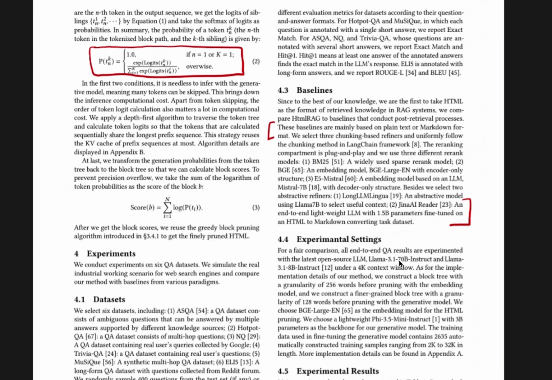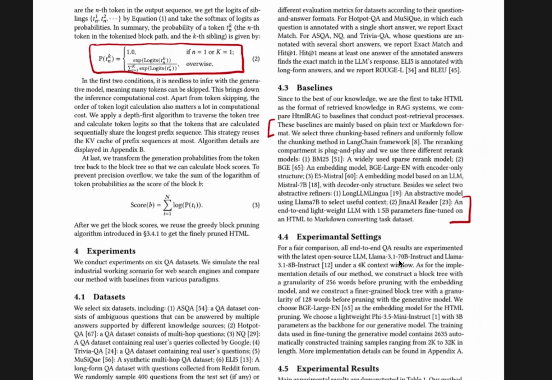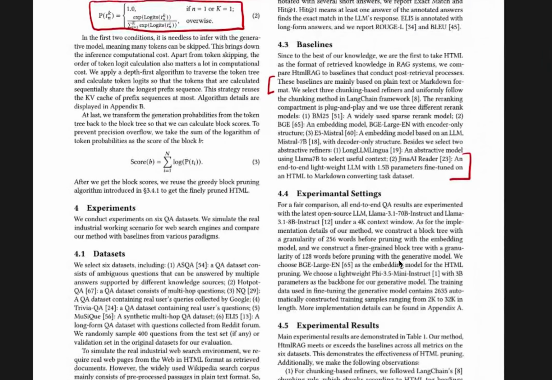They have abstractive refiners, LongLLMLingua, an abstractive model of Llama 7 billion, and the Jina AI Reader. And an end-to-end LLM with 1.5 billion parameters has been trained. Cool. So they have used, I think, Phi 3.5 for this, I remember.